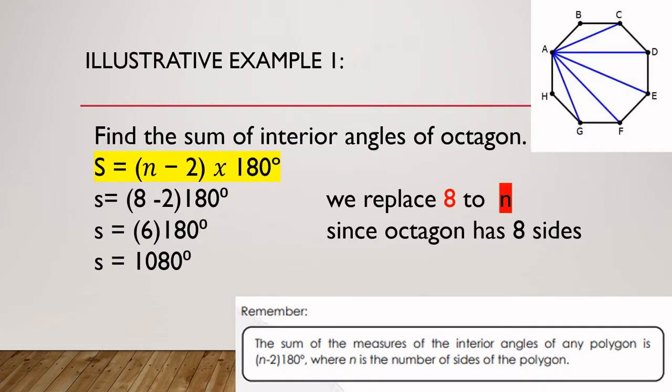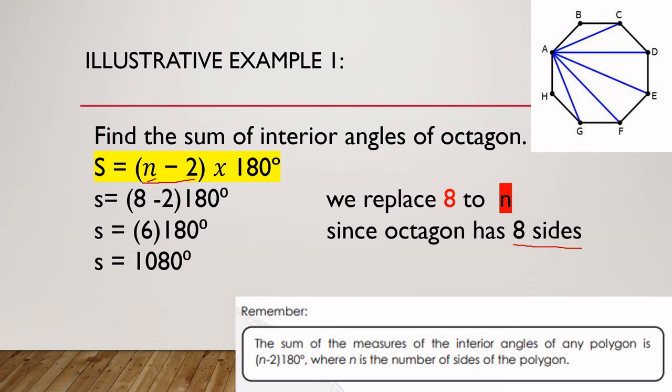Find the sum of the interior angles of an octagon. So, we all know that an octagon has 8 sides. So, using the formula, S is equal to the quantity of n minus 2 times 180 degrees. Yung n minus 2 refers to the number of triangles formed. Yung n refers to the number of sides.